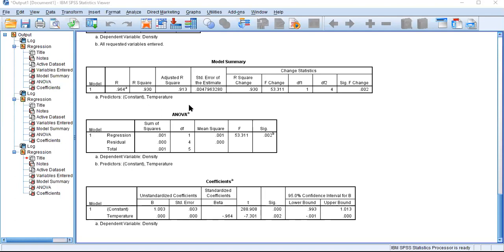If I say comment on the coefficient of determination, you're supposed to know where to pick it. The coefficient of determination is R squared, which is 0.93, and then you have to comment on that. So try to play around with the relationship between the values in this table.